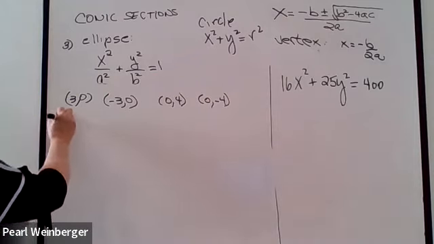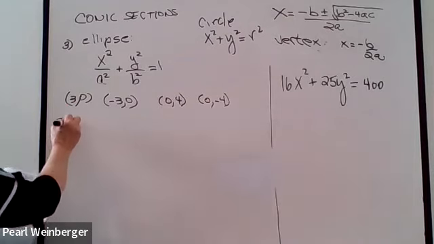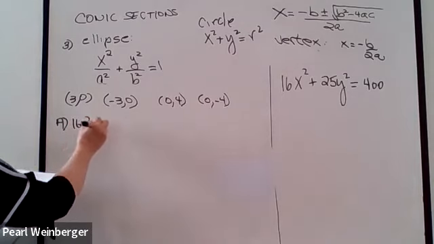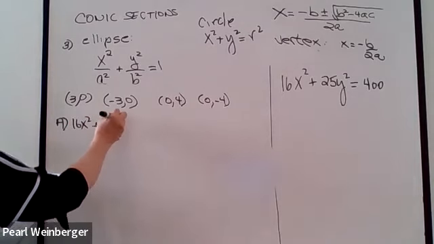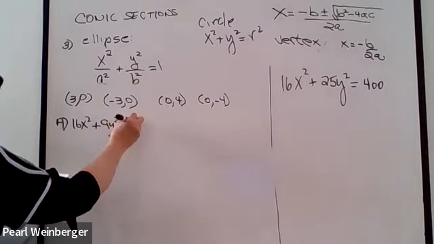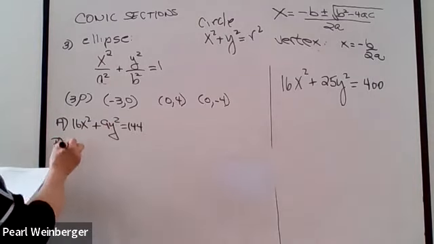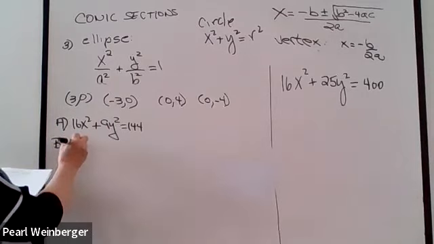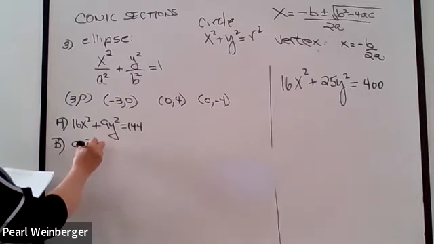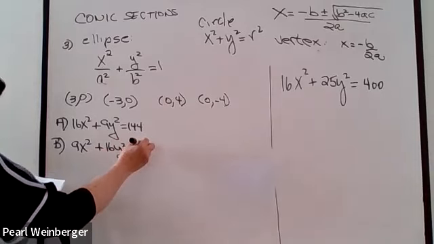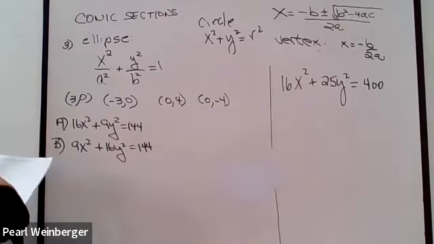So here goes. A is 16x squared plus 9y squared equals 144. B, 9x squared plus 16y squared equals 144.